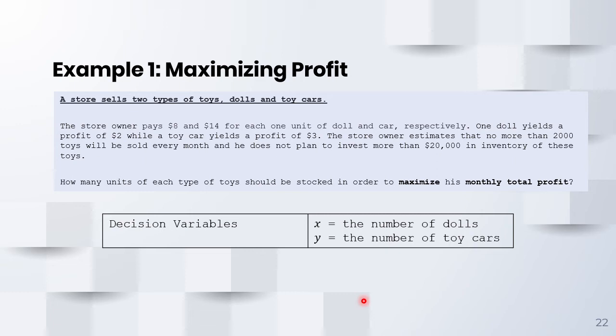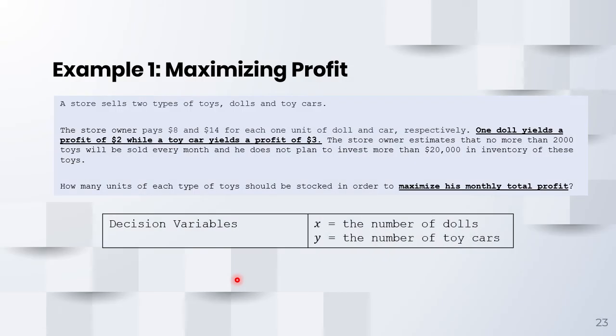Okay, next, we will now set our objective function. Notice that the objective is to maximize his monthly total profit. Now, according to this line, one doll yields a profit of $2, while a toy car yields a profit of $3.